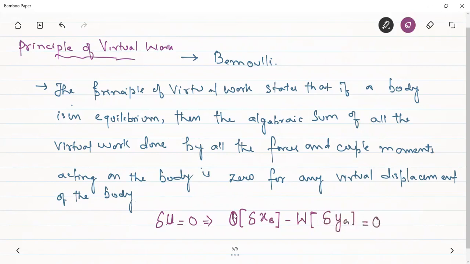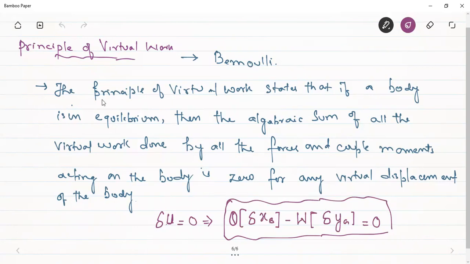So from the principle of virtual work, the summation of the virtual work by all the forces and couples acting on a body in static equilibrium has to be equal to zero. So this is the principle of virtual work.